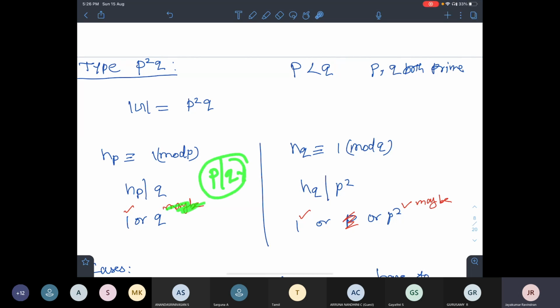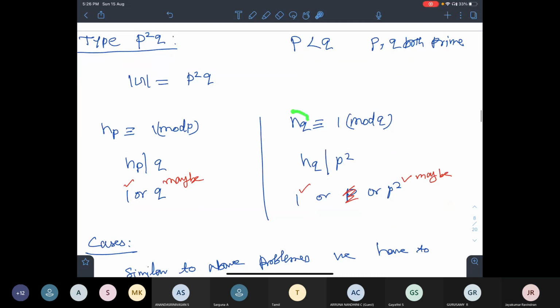On the other hand, n_q is congruent to 1 mod q by Sylow's theorem, and n_q divides p squared. So we have 1 or p squared.